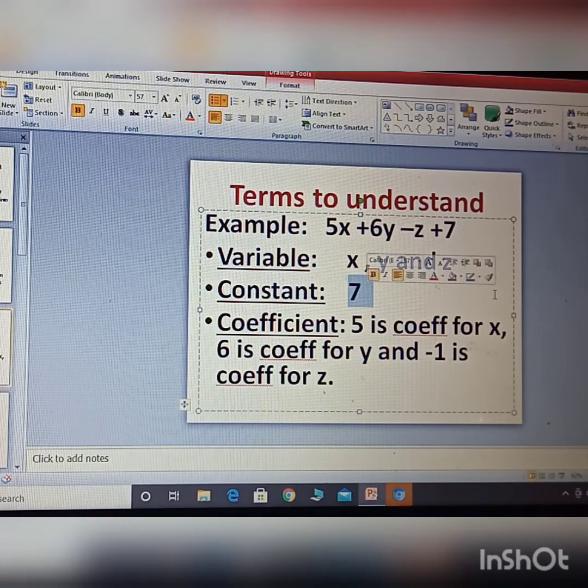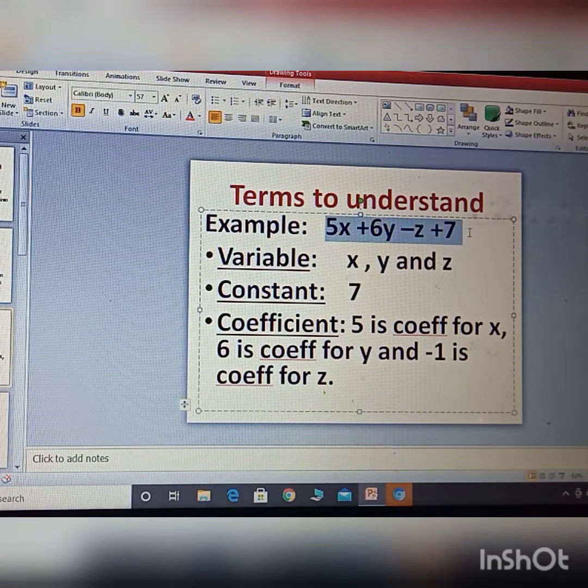Now you need to understand the meaning of a constant. In algebraic expressions, the numbers which do not change at all, which will not vary, are the opposite of the variable. Here 7 will remain 7. We cannot assign any other value to this number 7. So that is why it is called a constant.